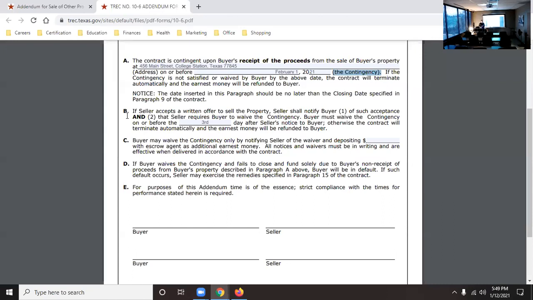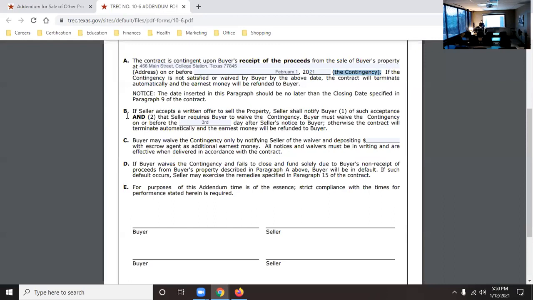In that situation, Travis has notified Mr. Colton, and if Mr. Colton does not remove it by the 3rd day, then, like it says here, the buyer must waive the contingency on or before the 3rd day after the seller's notice to buyer, otherwise the contract terminates automatically and the earnest money is refunded to the buyer. So if your client just says, well, I'm just going to pout and not do anything, it's still going to terminate. You might as well just let it be and move on.